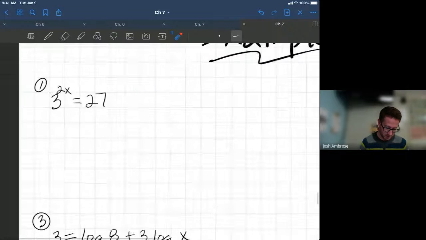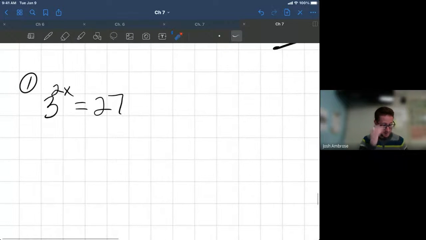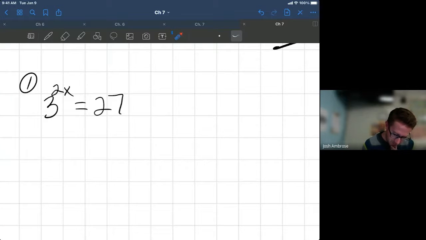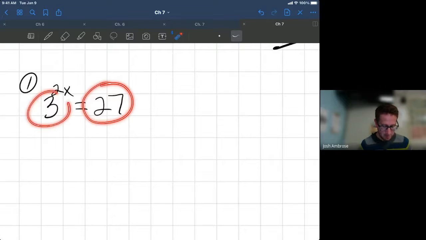We're going to zoom in here on the first example problem. Here's our first thing we have to notice. You have a 3 here, you have a 27 here. We need to create a situation where we have the same base for both.